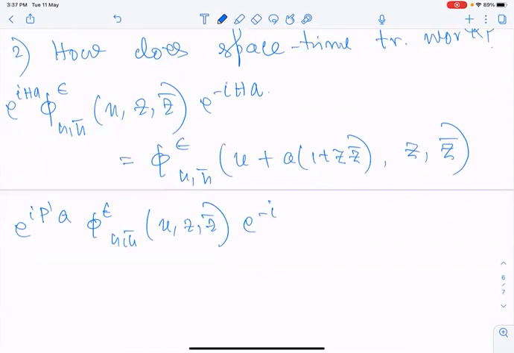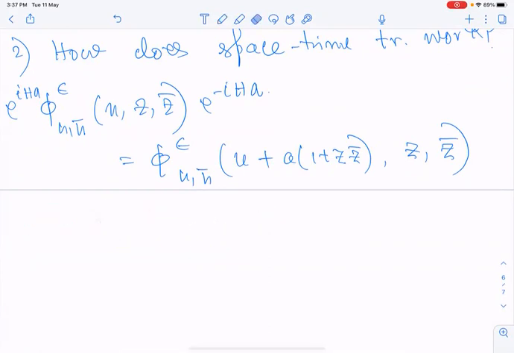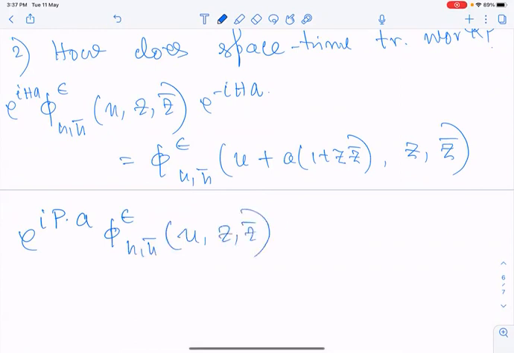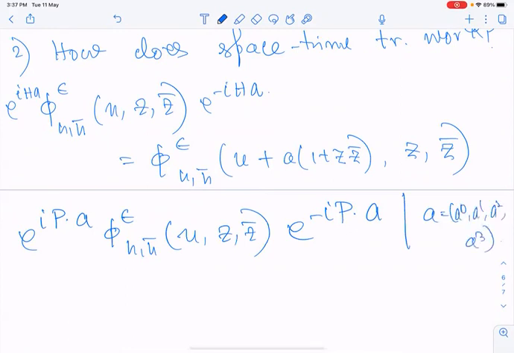Actually, the good way to write this is e to the power i p dot a, where p is the generator of the space-time translation and a is a 4-vector, so it is basically A0, A1, A2, and A3.